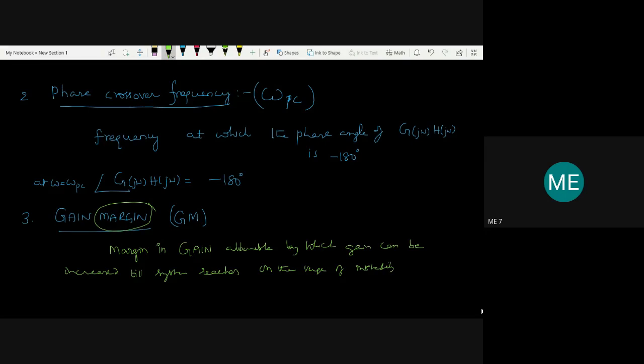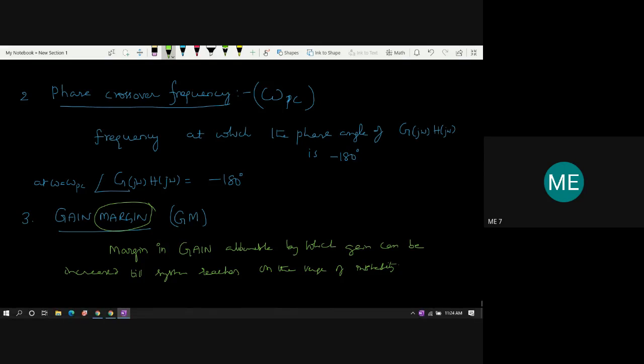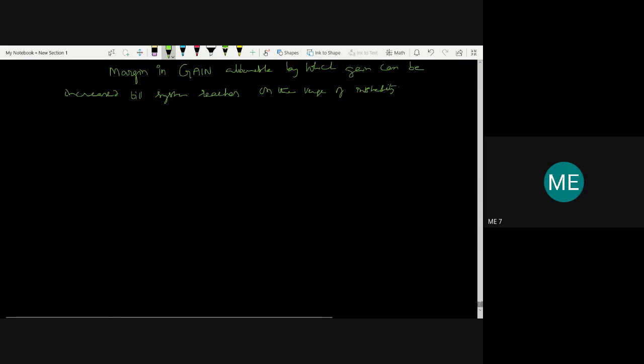So we are finding what is the gain margin of the system, means to which value the gain can be increased. That is the gain margin.